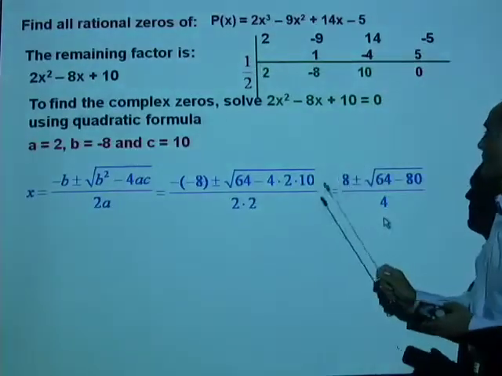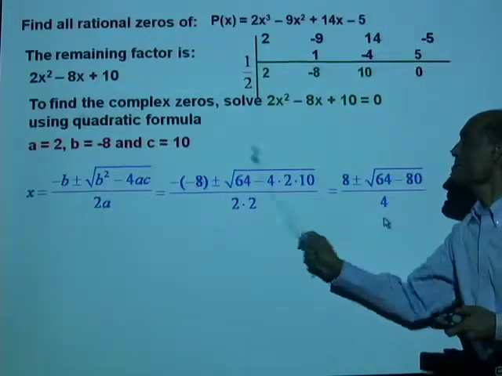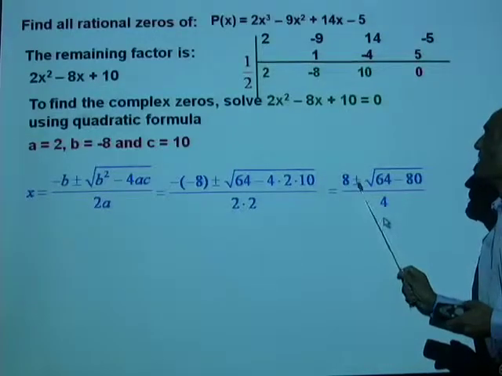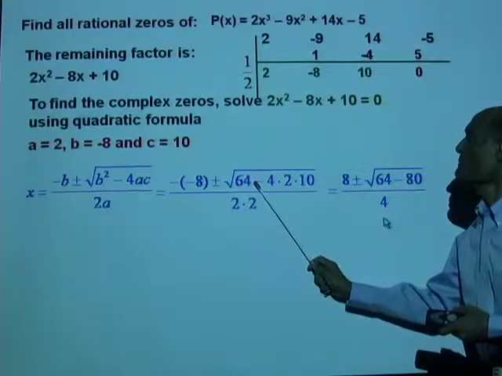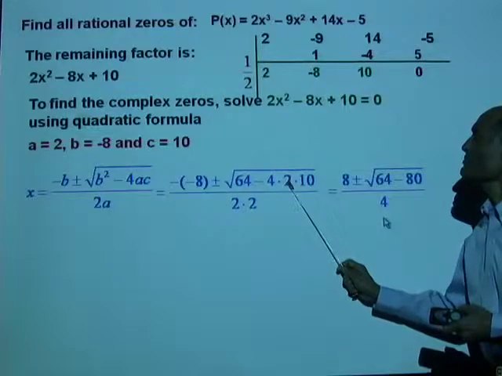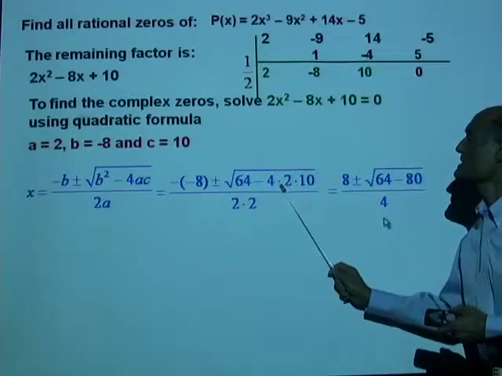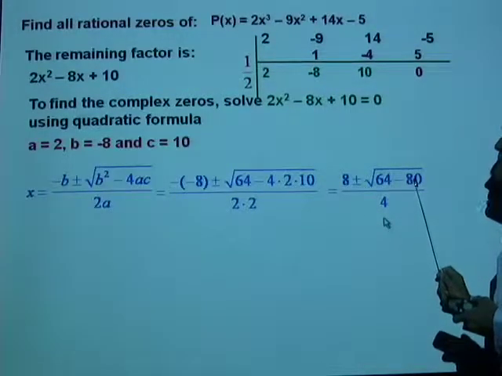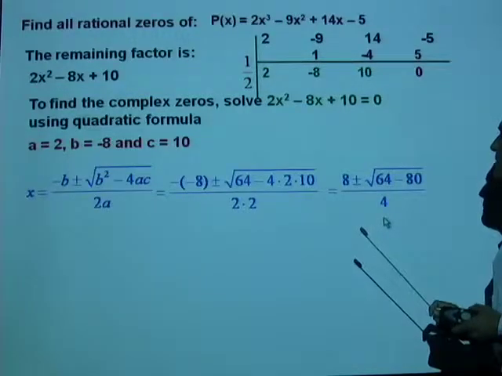Okay, simplify this. That will be -8 is +8, plus or minus square root of 64 minus 4 times 2 is 8, times 10 is 80. 64 minus 80, divided by 4.